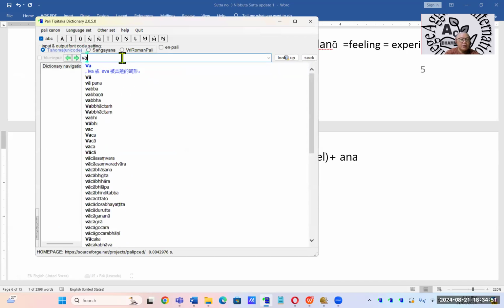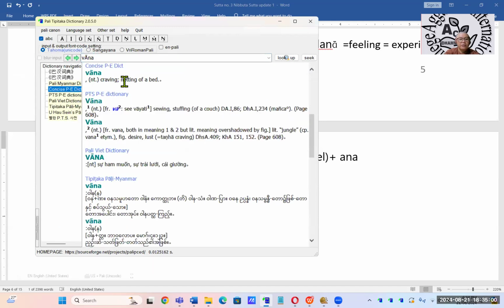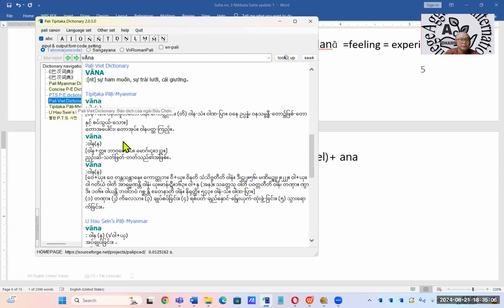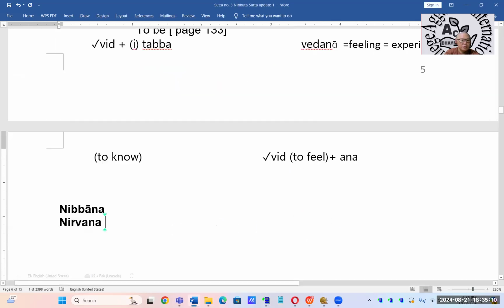And what's the meaning of vana? Vana is craving. Sometimes they call it a netting. So Sanskrit nirvana.